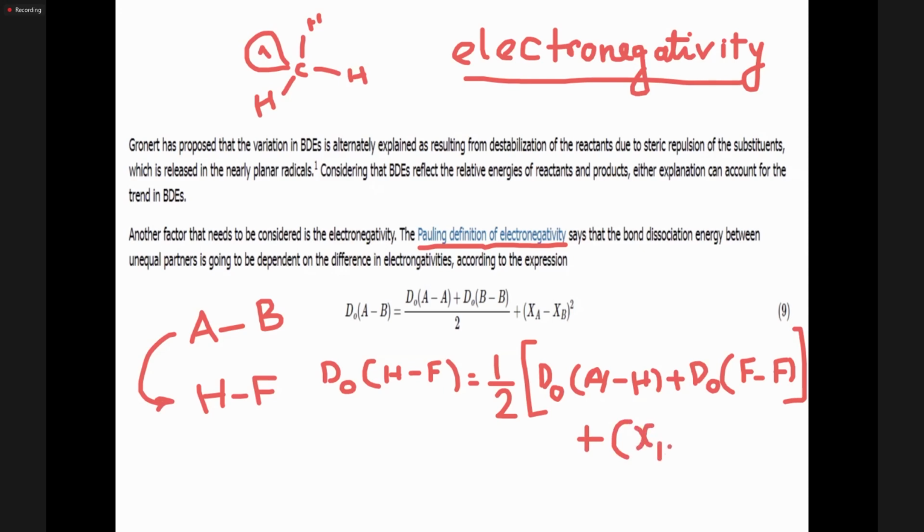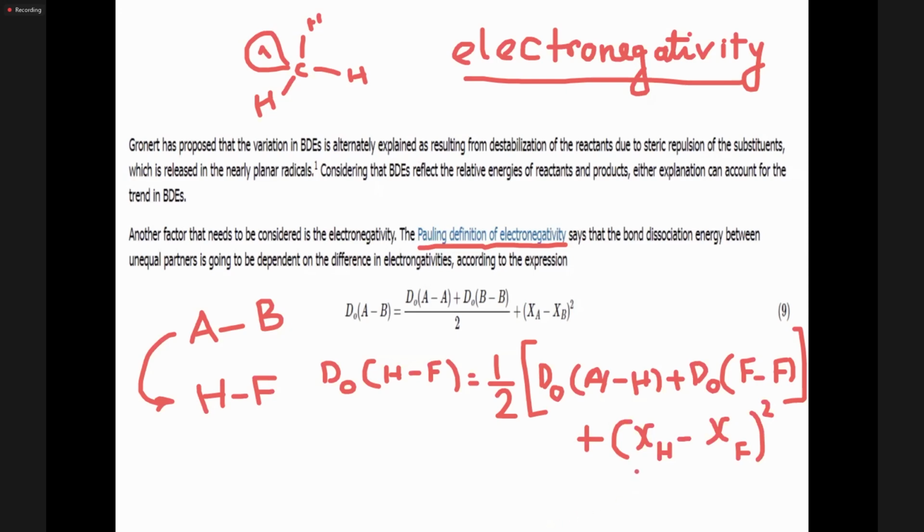So it will be (chi of H minus chi of F) whole square.